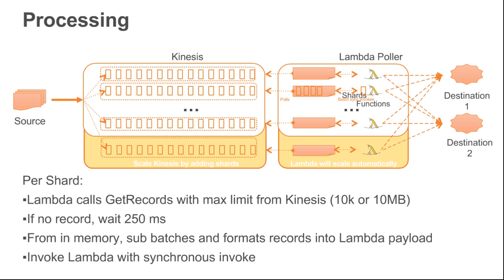And each of these invocations will be a synchronous invoke. So our Lambda poller, where all this logic lives that will be pulling each Kinesis shard, will wait for the synchronous invocation of this sub-batch of records before it will take the next sub-batch and then invoke again.